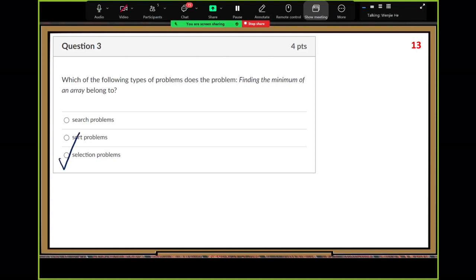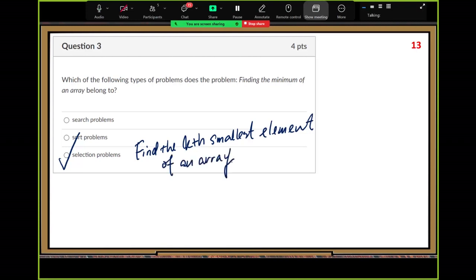In the selection problem, we find the kth smallest element of an array. That's the definition of the selection problem. And here, for the minimum, k equals 1. Okay?